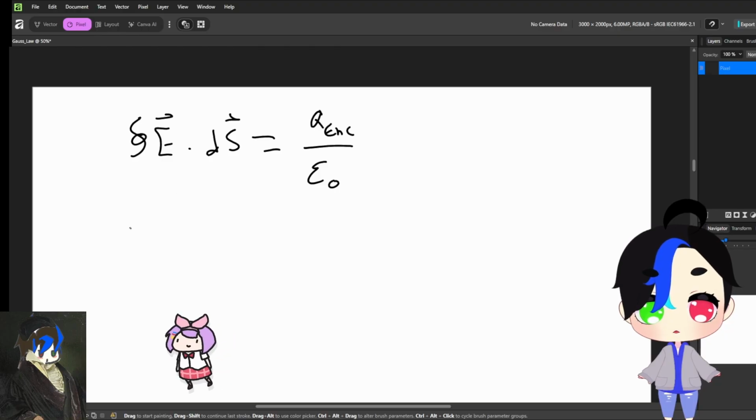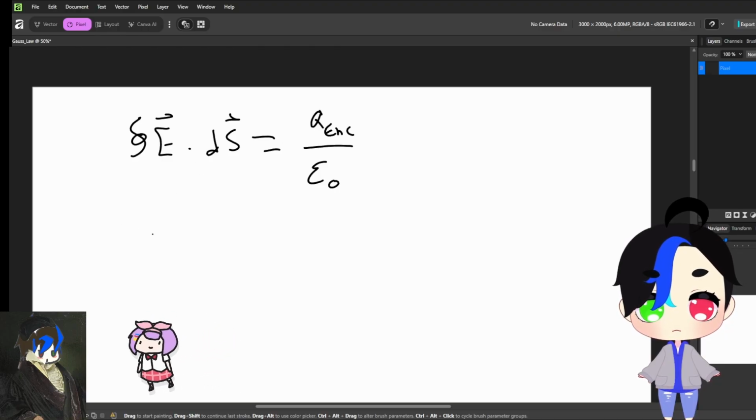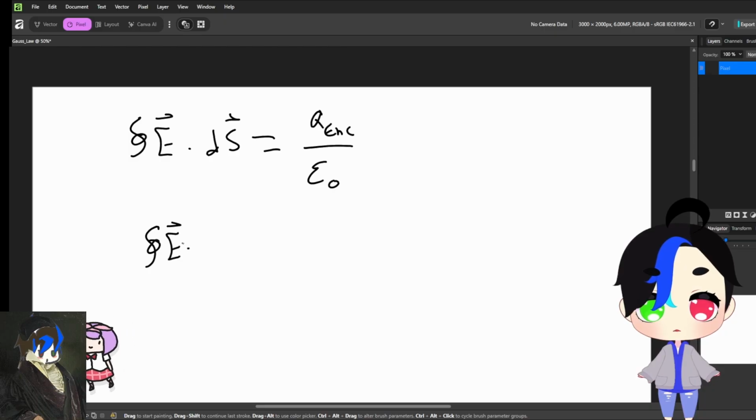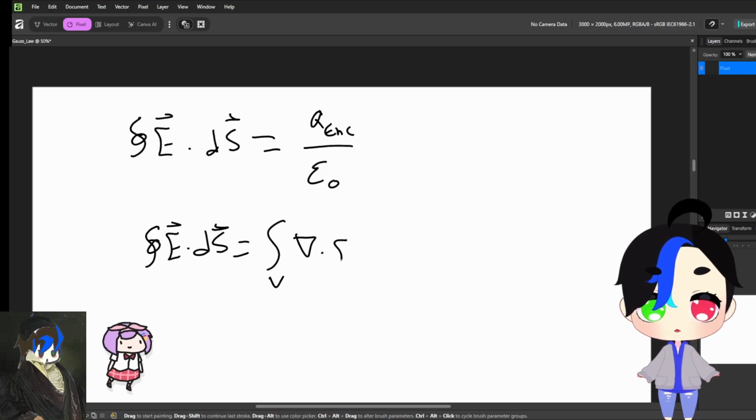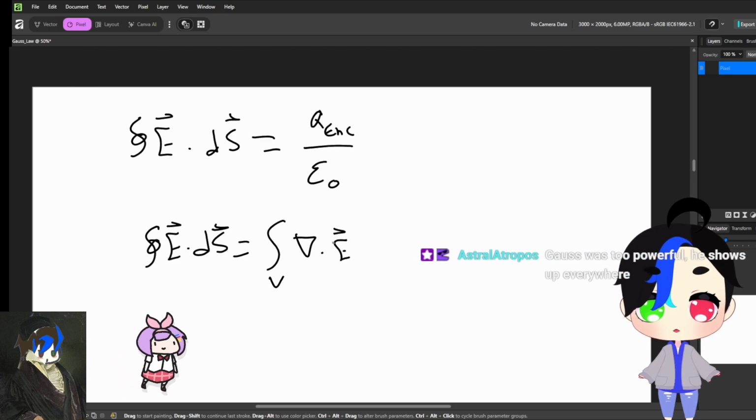Gauss has another theorem in math, sometimes also called the divergence theorem. The closed surface integral of a vector field ends up equaling the integral of the divergence of E.